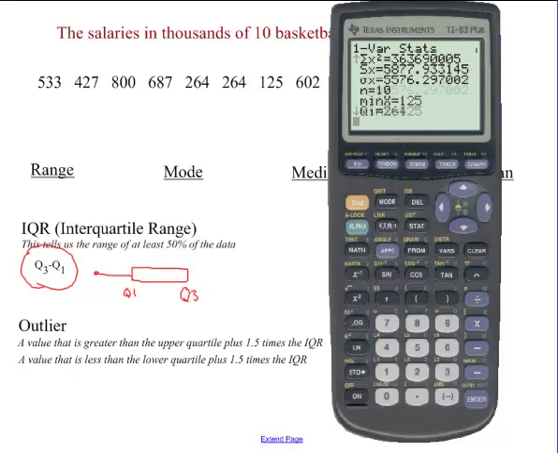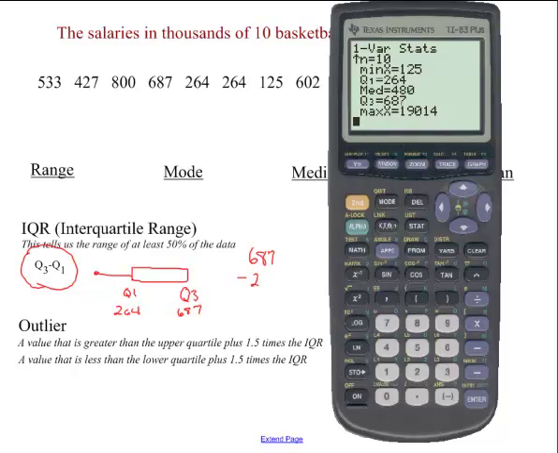So if I look on here, my Q1 was 264, and my Q3 was 687. So the range would be, if I subtracted those two numbers, that would be my IQR. 423 is my interquartile range.